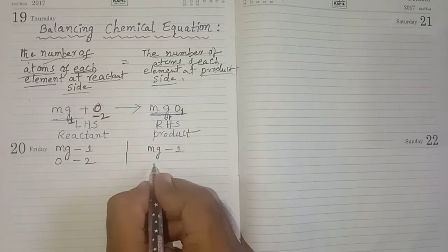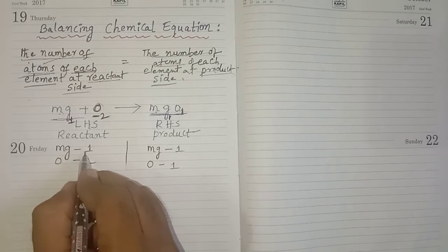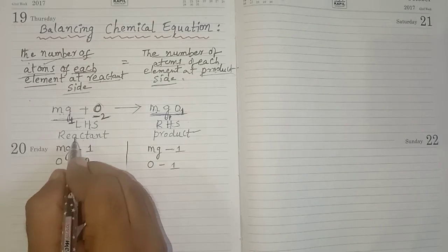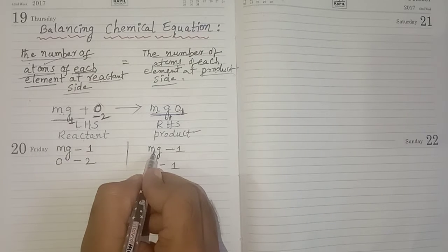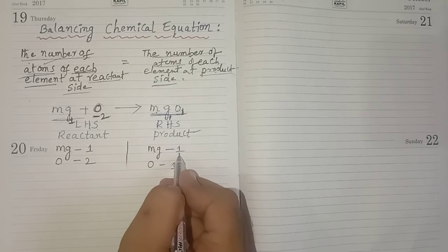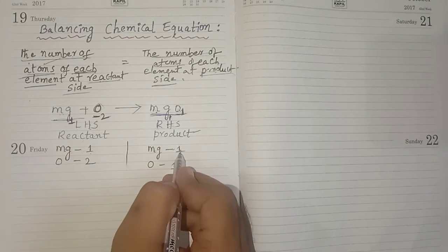And how many oxygen atoms are there at RHS? 1. So here if you observe, magnesium is balanced. The number of atoms of magnesium at the reactant side equals the number of atoms at the product side, because 1 equals 1.